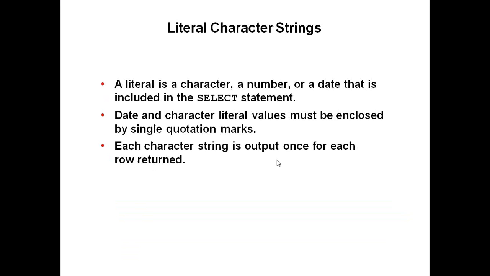And we also have something called literal character strings. A literal character string helps you whenever you want to display your output in some different format. Let me show you how we are going to do that.